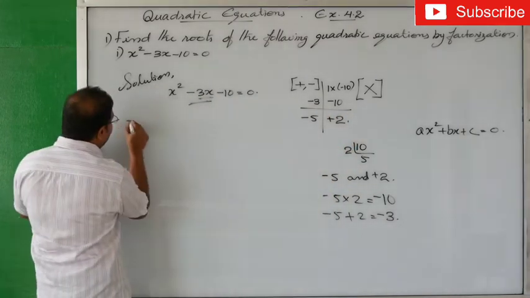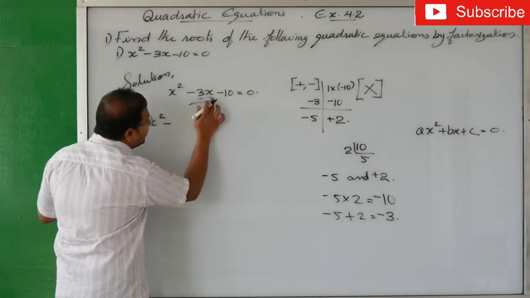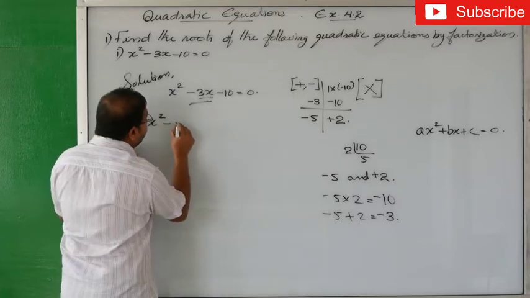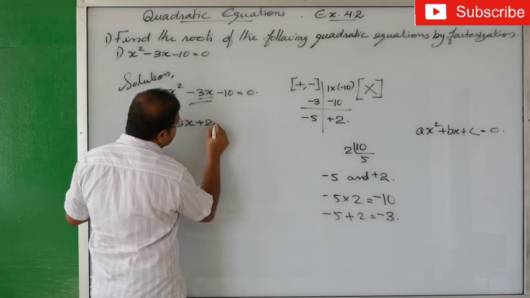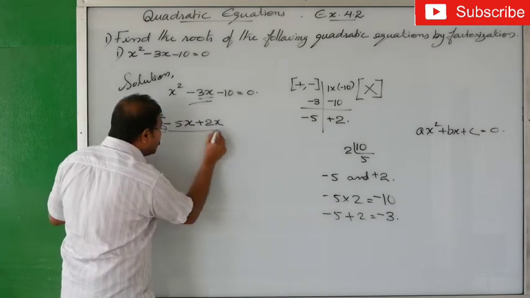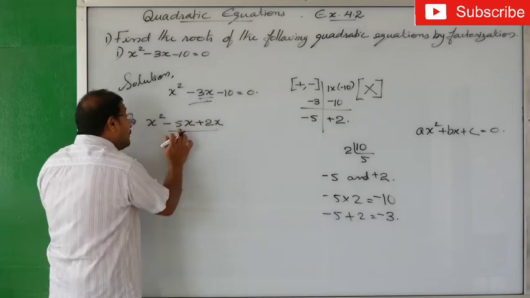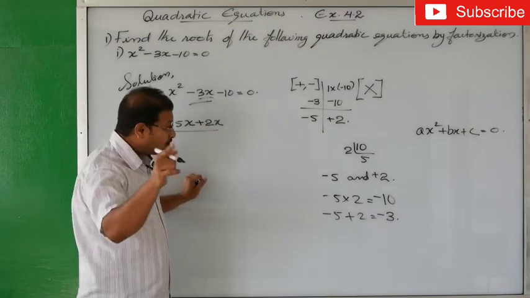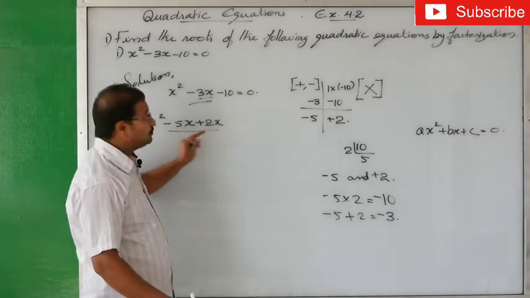So this implies x square, minus 3x will break now into minus 5x plus 2x, because minus 5x plus 2x will get minus 3x. That is what we took, minus 5 and plus 2.